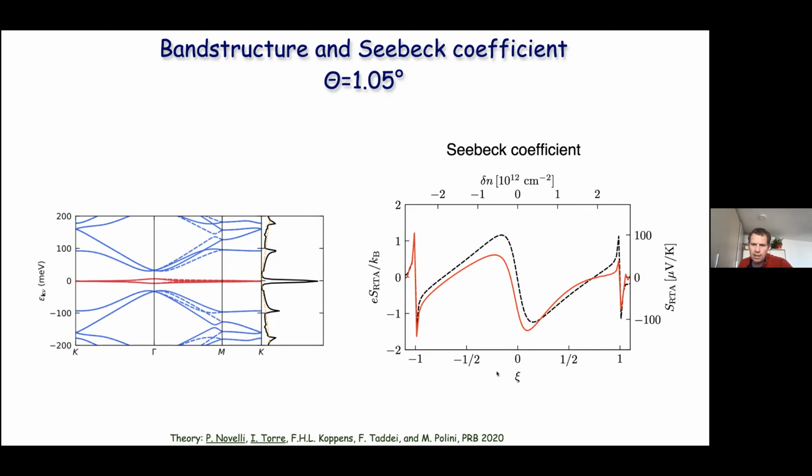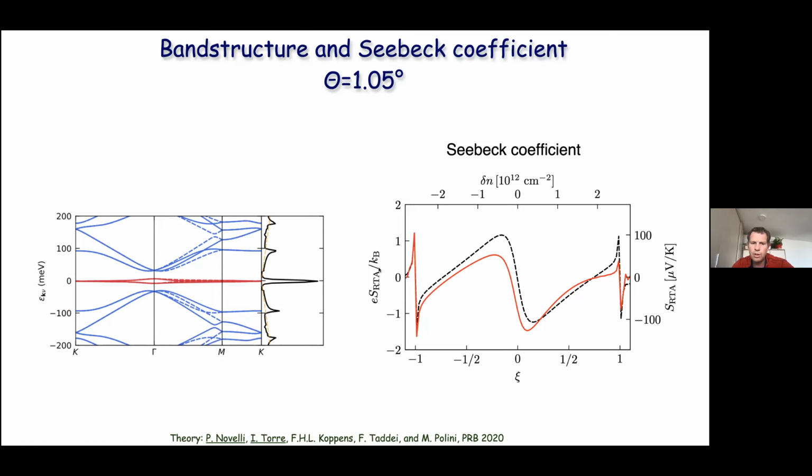This happens at what is called full filling. That means I put one electron in each Moiré unit cell, and that's when the flat bands are completely filled with electrons. This is something we can directly see in the experiment.